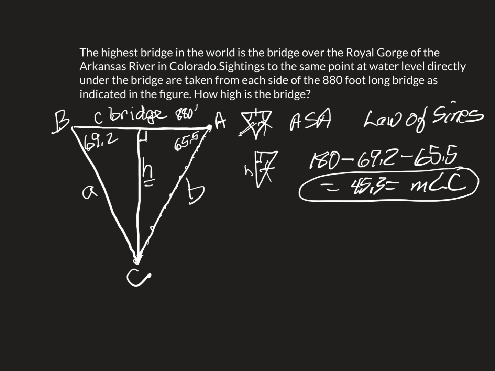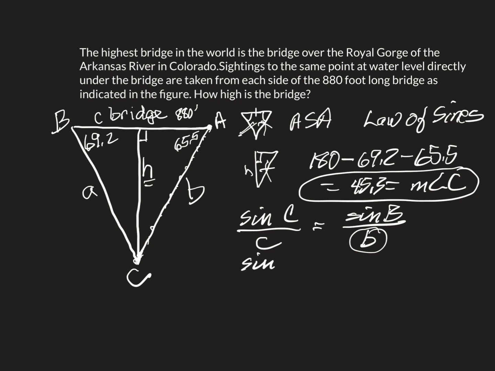So now we can do the sine of angle C over side C, which we know, and we know angle B, and we want to find side B. So I'm going to do the sine of B over side B. B is what I want to find, and so now we can fill it in.